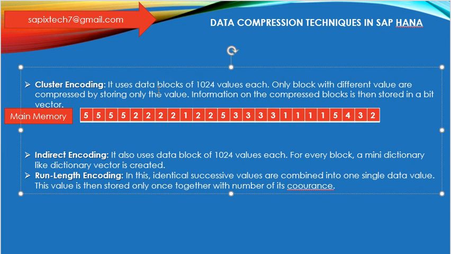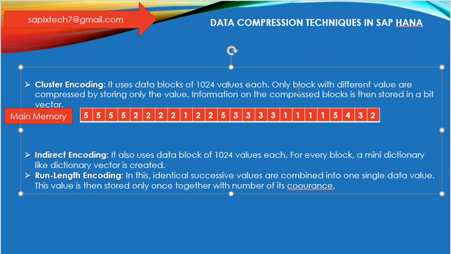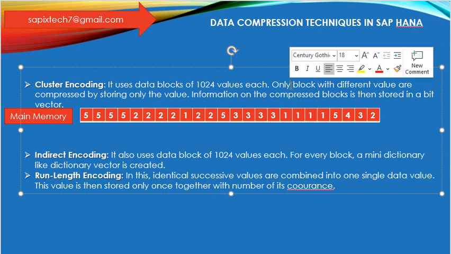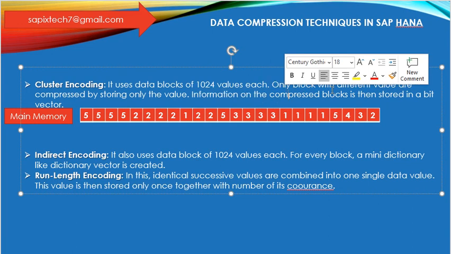It creates a block of 1024 values for each. Only blocks with different values are compressed by storing only the value. Information on the compressed block is then stored in a bit vector.